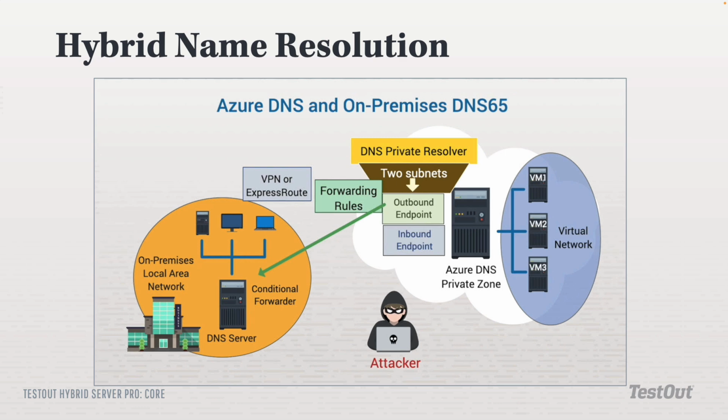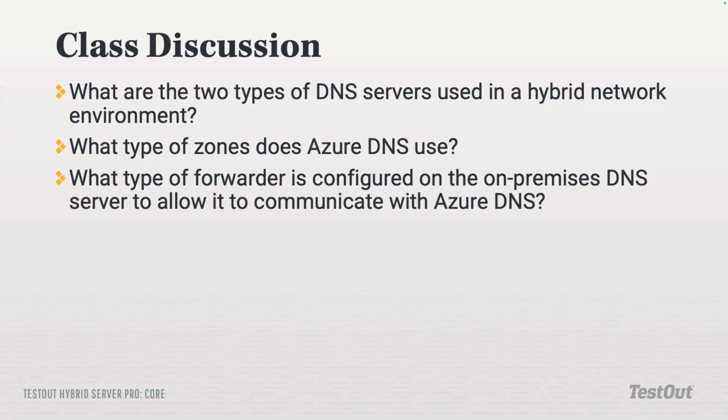As soon as it leaves your private network, it leaves your DMZ, it's out on the public internet. That's when the bad guys can start looking at it to form their attack. So by having a VPN or using ExpressRoute, we're able to have the best of both worlds, and we're able to use the cloud infrastructure and our local infrastructure, like the Azure integrated DNS zones with our local stuff, and that ExpressRoute or that VPN keeps all of that in sync.